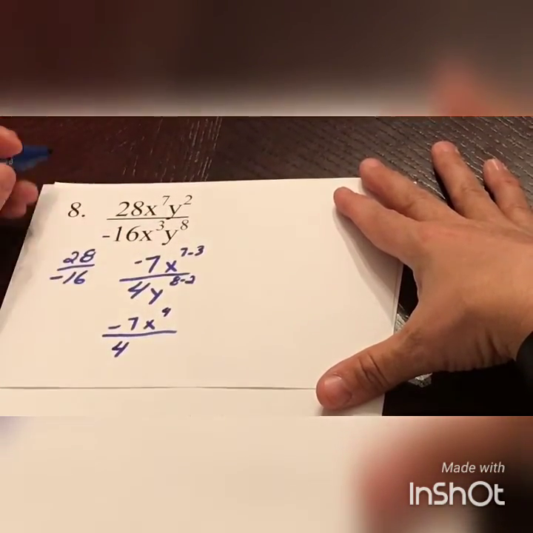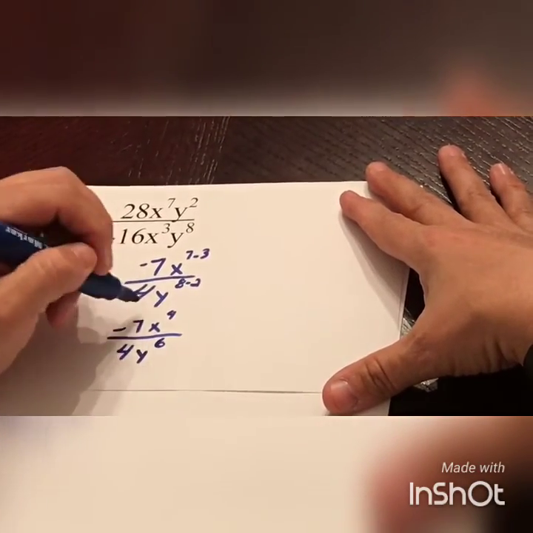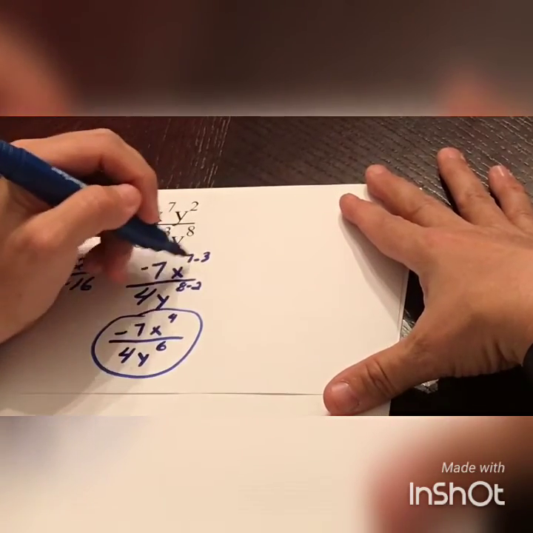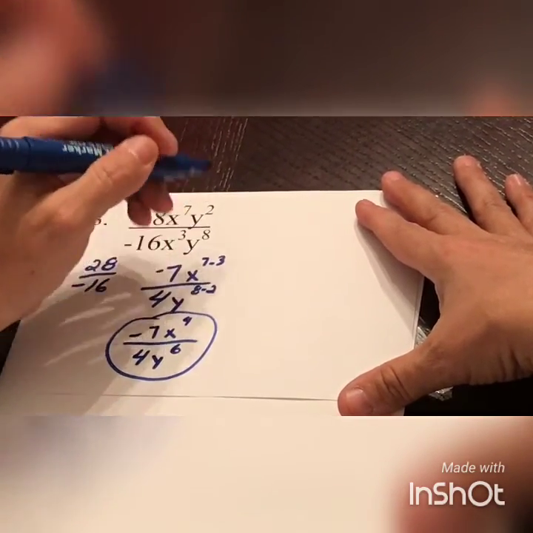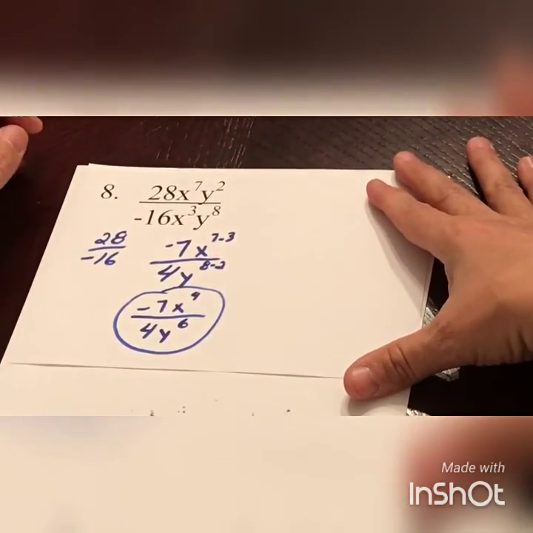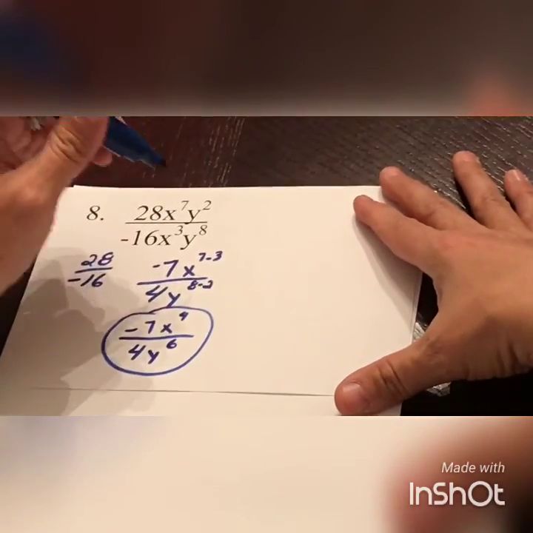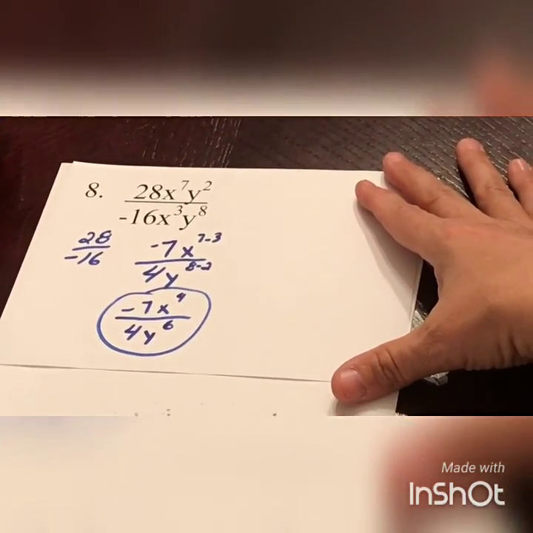Negative 7 x to the 4th and positive 4 y to the 6th. So, subtracting these exponents is the math behind crossing the letters off on the front side without having to write down every single letter. A great time saver. Thank you, everybody.